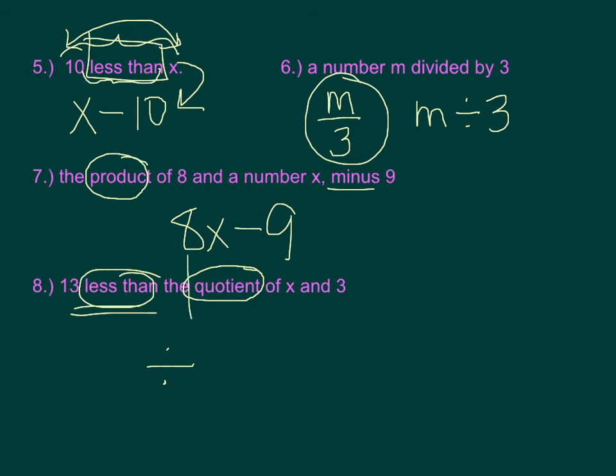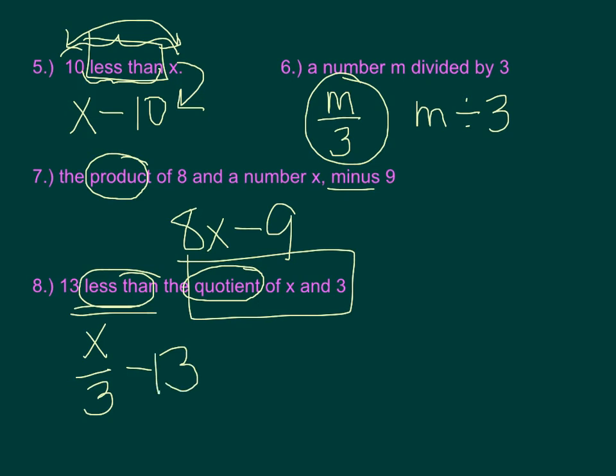So the quotient of x and 3, okay, I'm going to erase that. The quotient of x and 3 less than 13. Okay. You could also write this, the quotient of x and 3 less than 13.